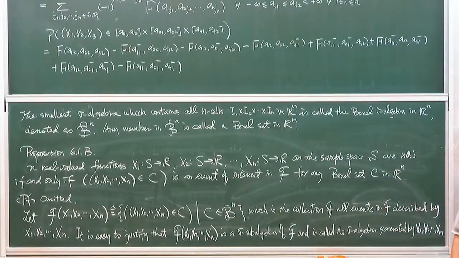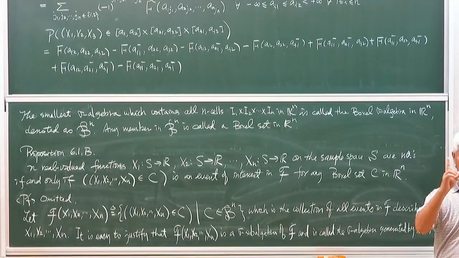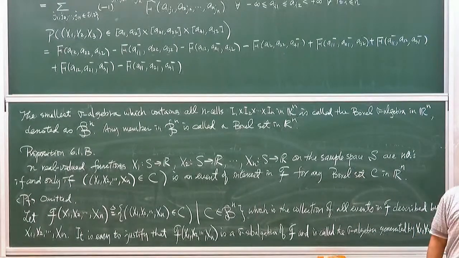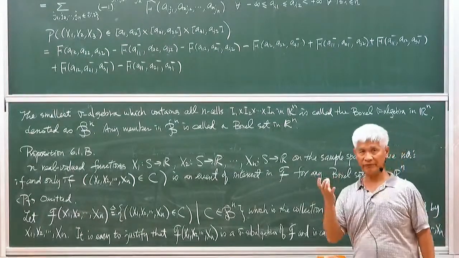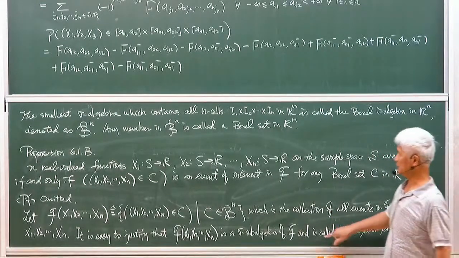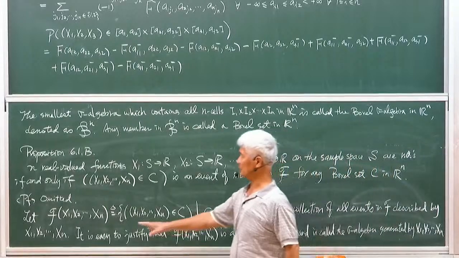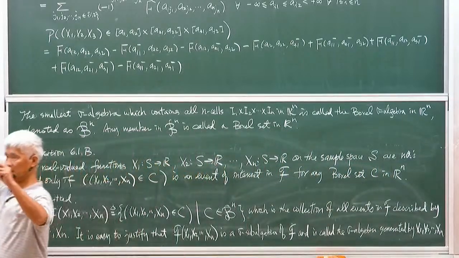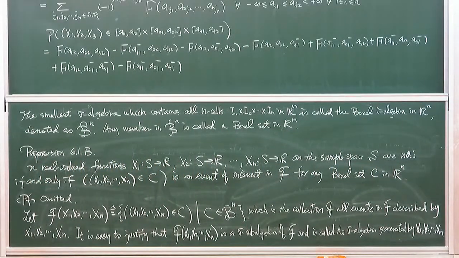Remember, we defined the sigma algebra generated by a random variable x before, in chapter 4. Now, if we have a finite number of random variables x1, x2, up to xn, then also these random variables can be used to describe events in this way.